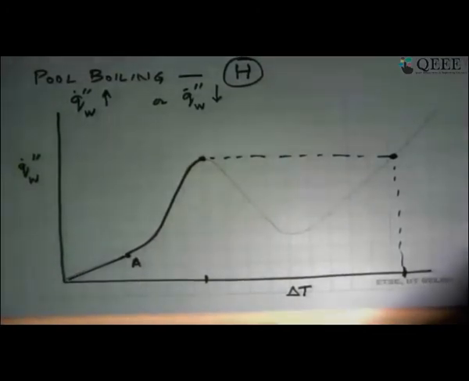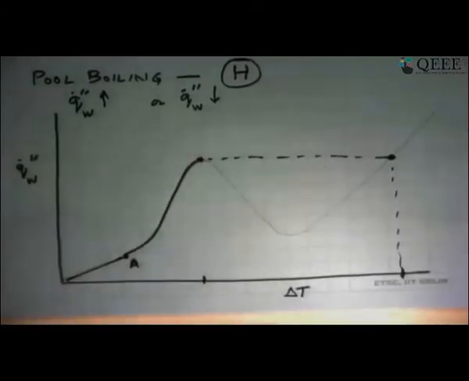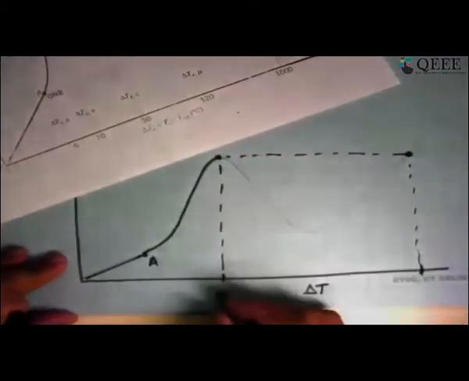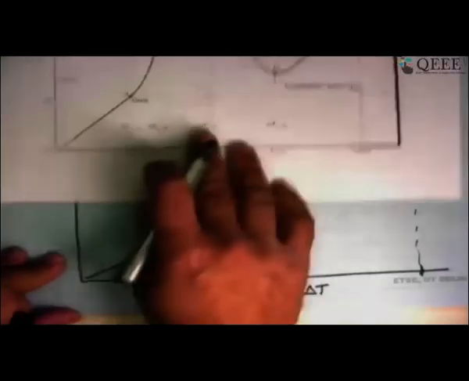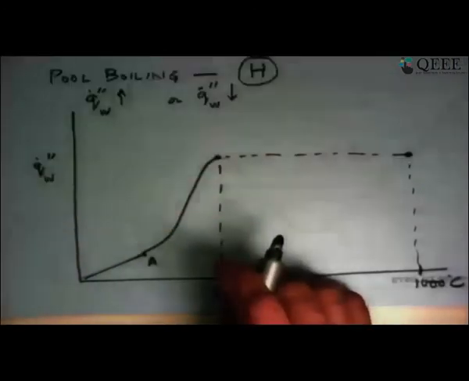So suddenly, for a very small increase of heat flux, the wall temperature difference here, which was of the order of like 30 degrees Celsius, suddenly increased and went over here, where the temperature is of the order of 1000 degrees Celsius. If the heater or the wall is robust enough and nothing is happening to it, then after that it will continue on the same curve further on.